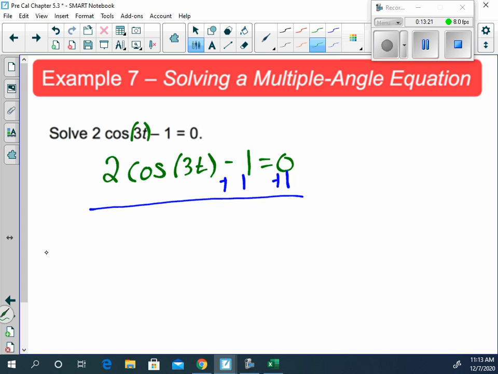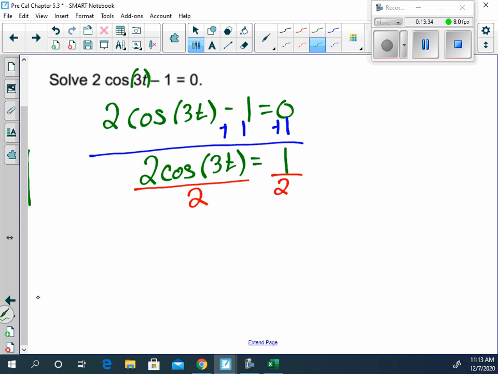So we'd add 1, and then divide by 2. And we get cosine of 3t equals 1/2. Okay.